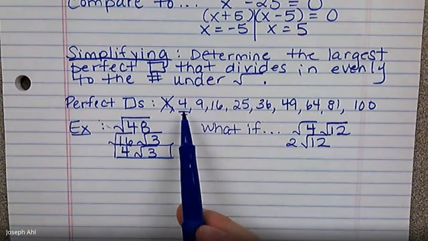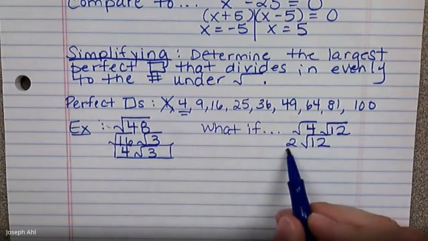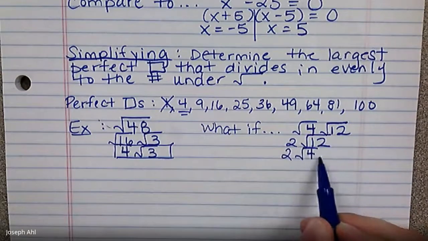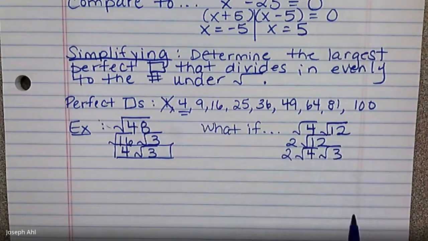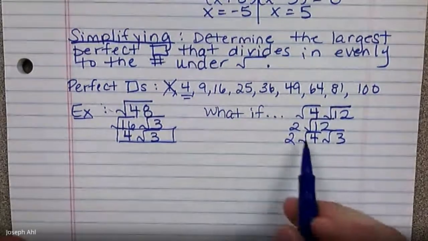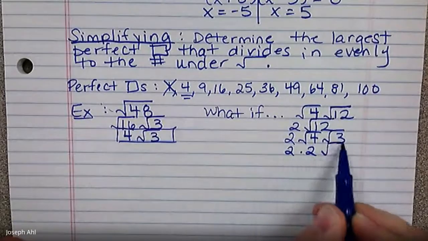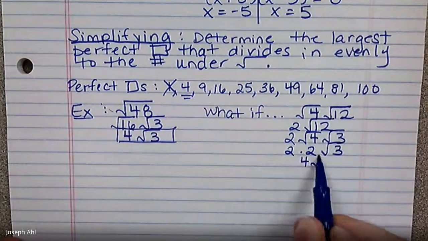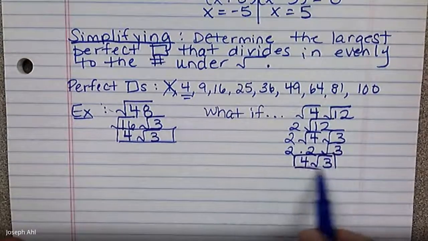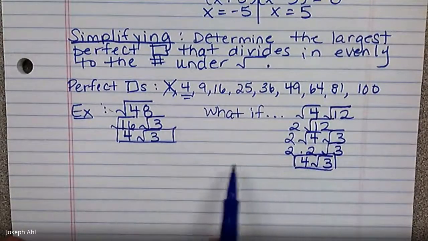And it happens to be 4 again. So you can break down 12 to the square root of 4 times the square root of 3. And the square root of 4 is 2. So 2 times 2 is 4 radical 3. And we eventually get that same answer. But clearly, if we can find the largest perfect square that divides in evenly, then that's going to be the best case scenario.